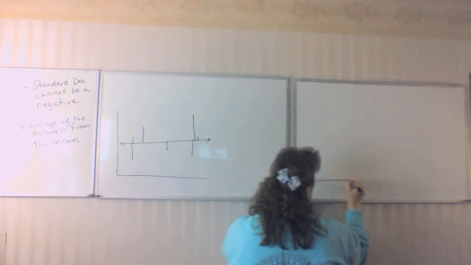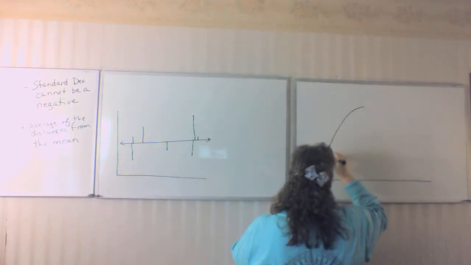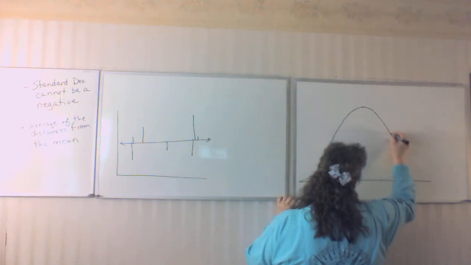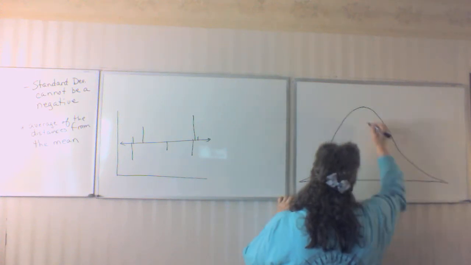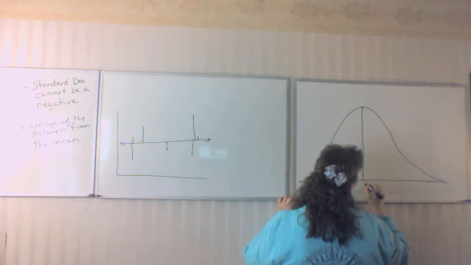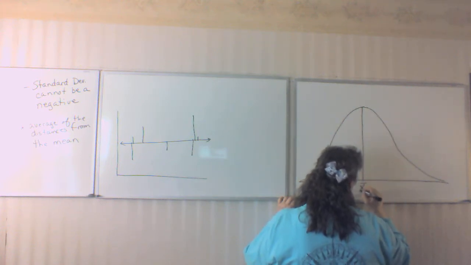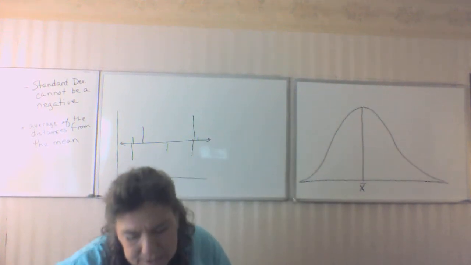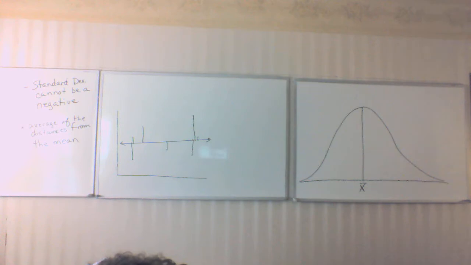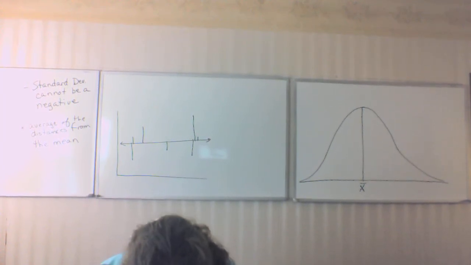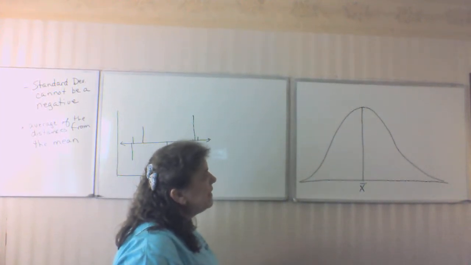So if we were to draw our normal curve, that's what this is called, the normal curve. When you put the normal curve up, your mean is right in the middle of the curve. And there are other ways we write that mean as well. Let me show you that symbol so you'll know what it is when you see it. It's not introduced in this assignment, so we won't worry about it at this point. But that mean is the middle.